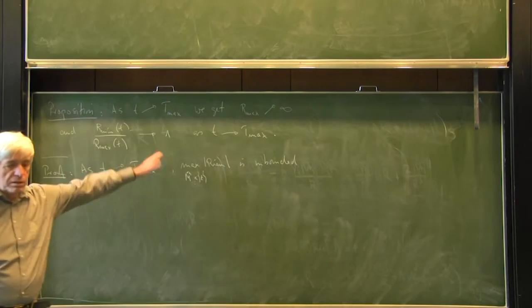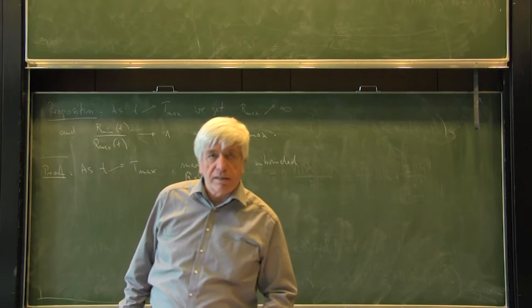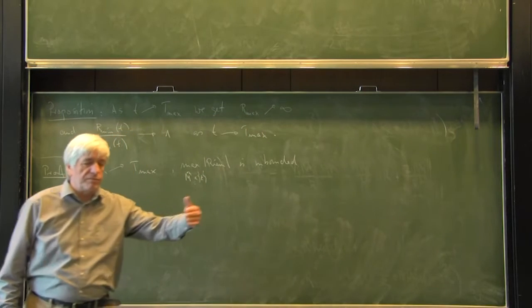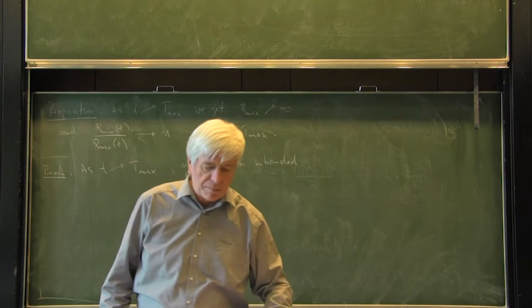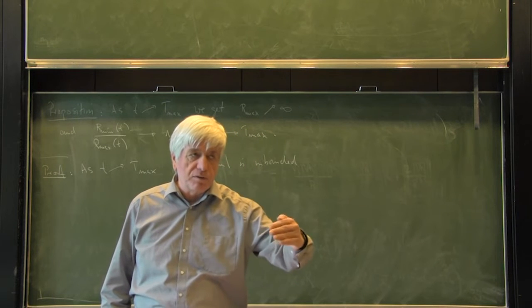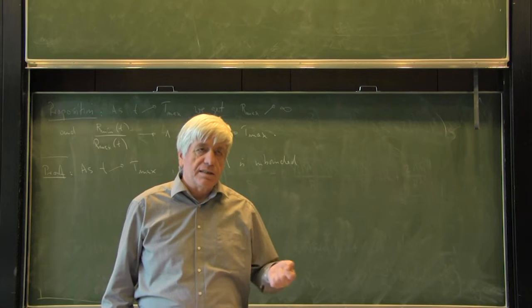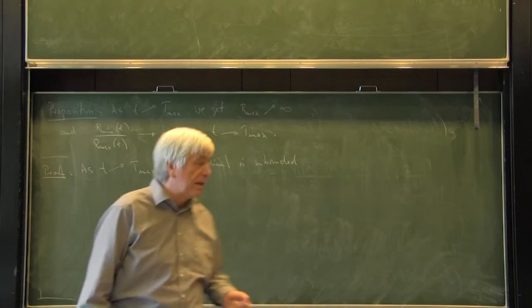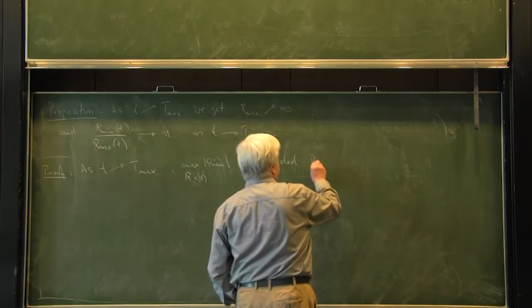That was our theorem characterizing singular times. If we come to the finite T max, and this has to be finite because of this lower bound on the scalar curvature, if we come to the end of the time interval of smooth existence, the curvature has to become unbounded.